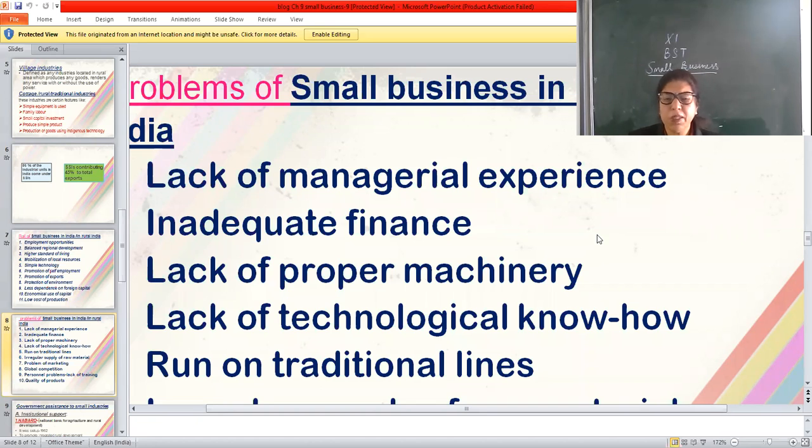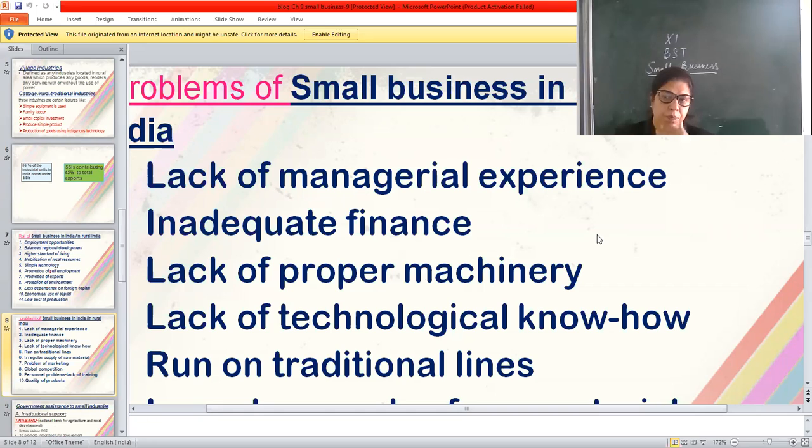But the small businesses are unable to afford the research and development. They cannot have a separate department for technological upgradation. They are using outdated old methods of production. That's why their production will be less, not as per the quality of the large scale.